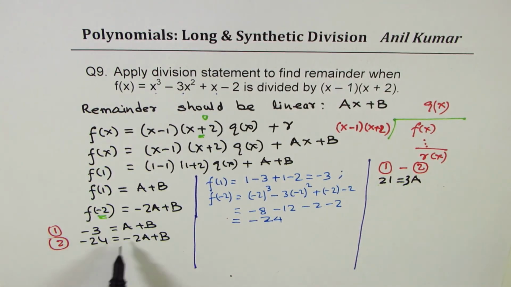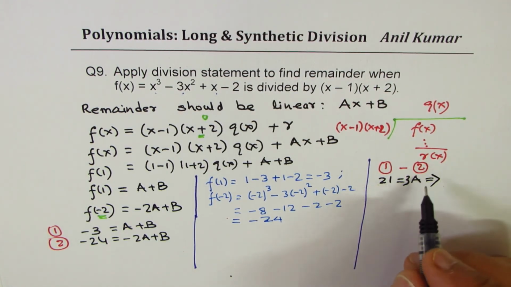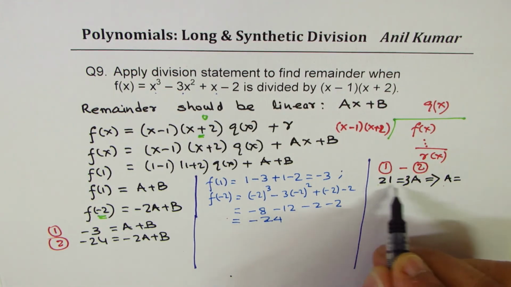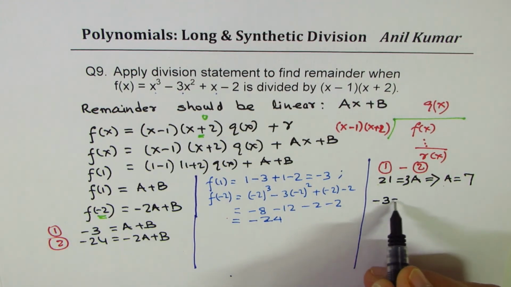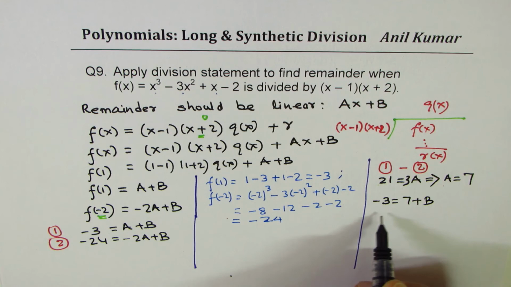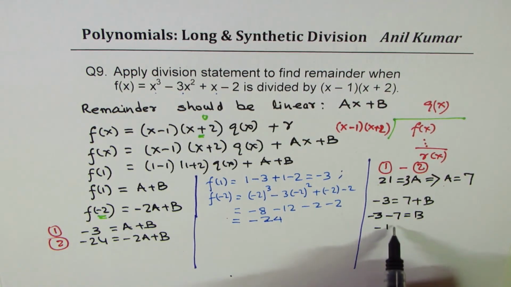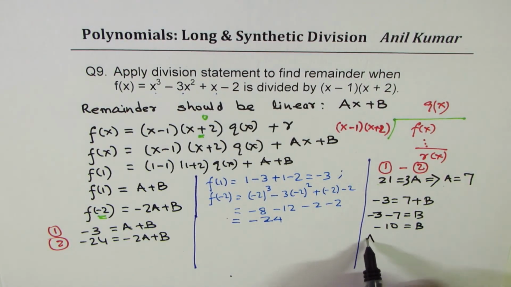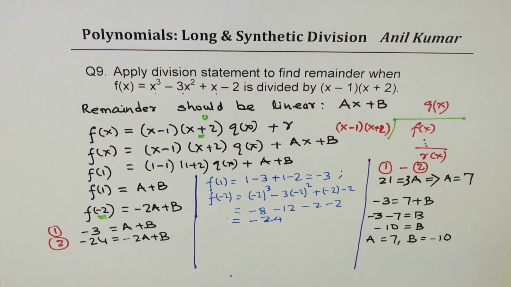So if I do 1 minus 2, that becomes positive 3a, and this implies a equals 21 over 3, which is 7. So we get the value of a as 7. Substituting 7 here, minus 3 equals 7 plus b. So we get minus 3 minus 7 equals b, or minus 10 is equal to b, right? So we get a equals 7 and b equals minus 10.